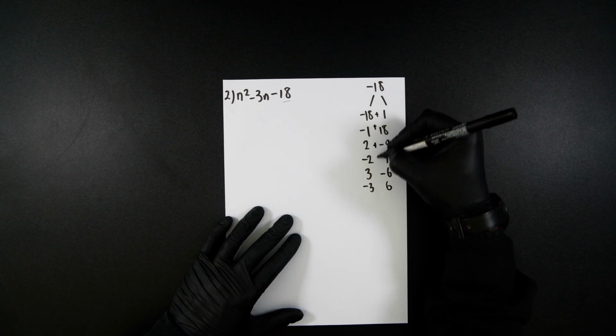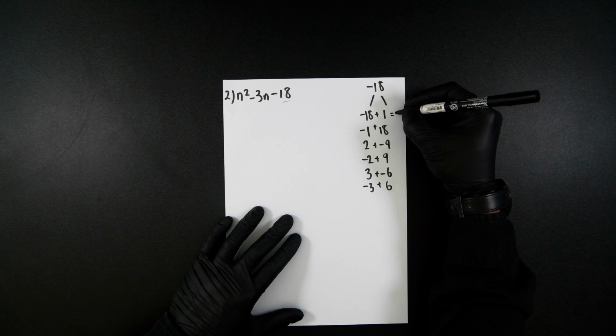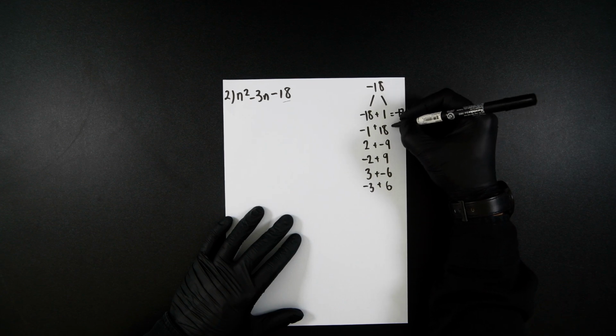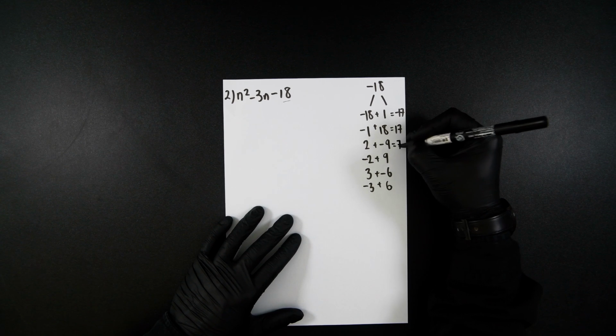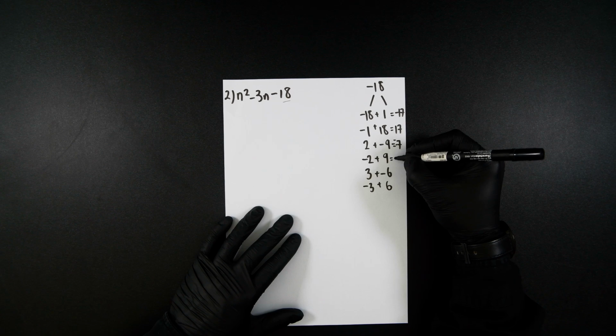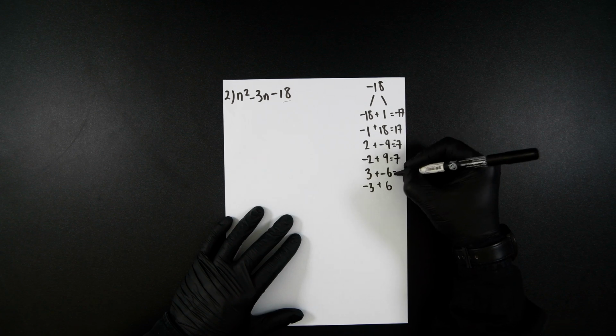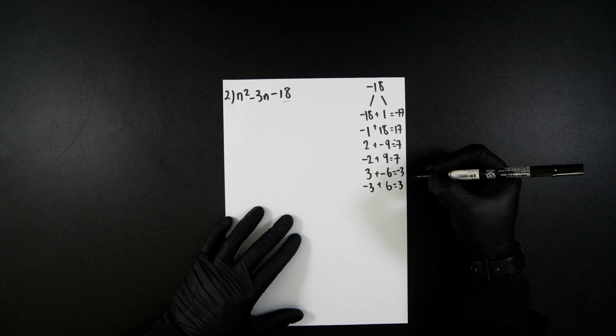So then if we put a little addition in between them all and we add them all up, you'll get minus 17, 17, minus 7, 7, minus 3, and then 3.